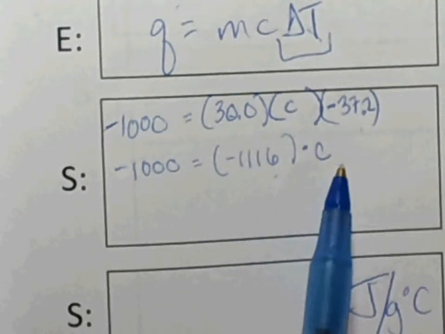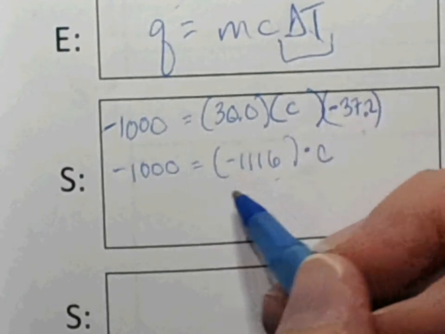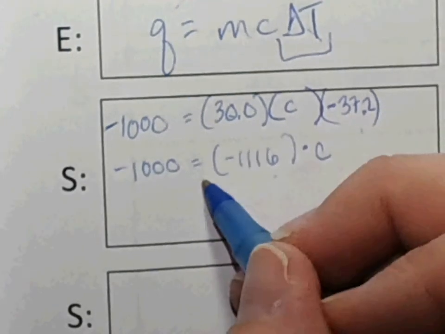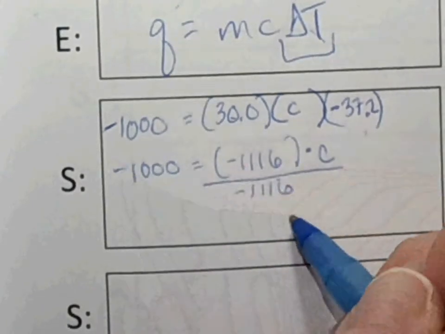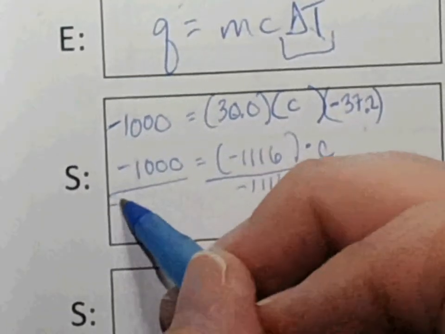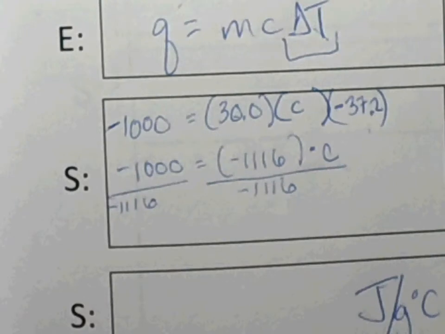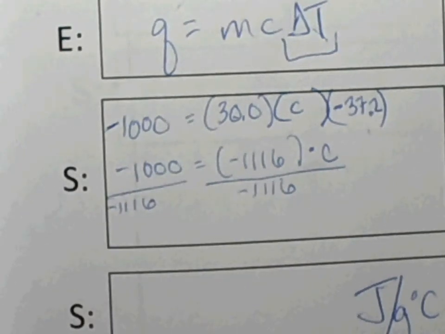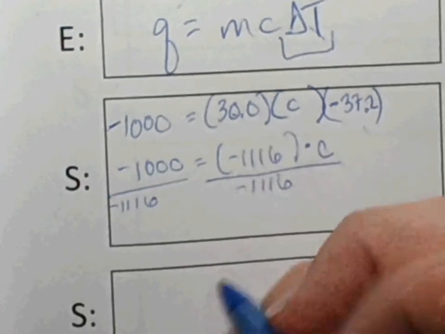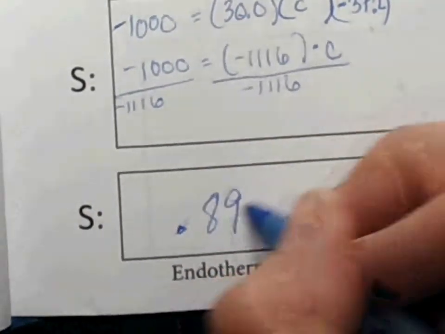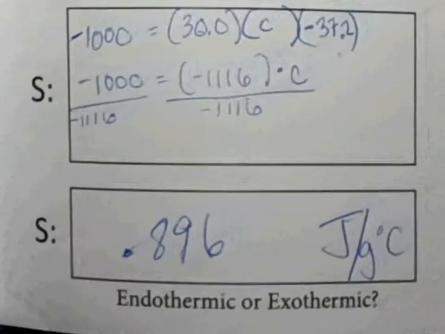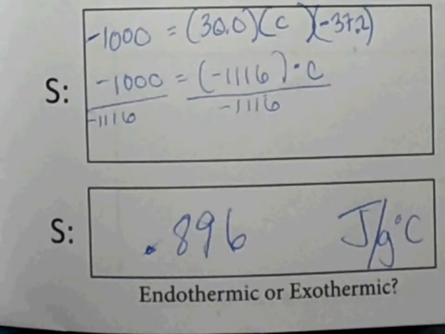So to solve for specific heat, to solve for C, I need to isolate C by dividing by the negative 1116. If I do that on the right side, I have to do it on the left side. And that comes out to be positive 0.896. Positive 0.896.